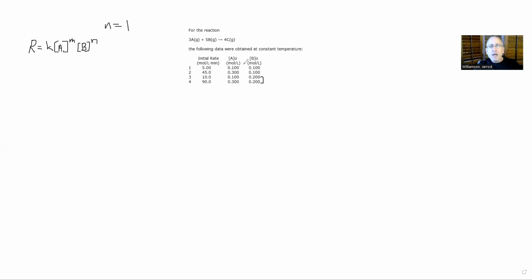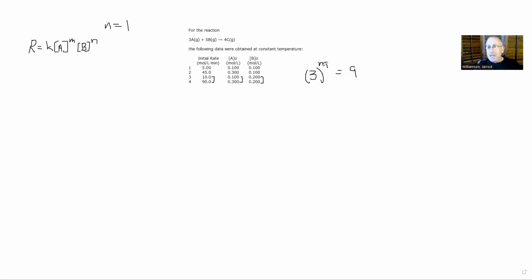I could have done 1 and 2, but I keep B constant, and here I triple the concentration of A, and the rate of the reaction goes up by a factor of 9.